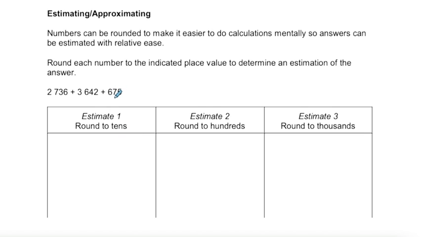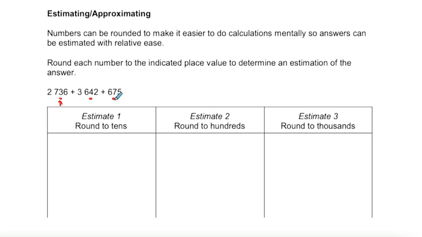So that is looking at the 7 in our first number, our 4 in the second, and our 3 in the last. So in this number, because the number to the right of that is a 6, I have to round this up to a 4. In the second number, because the number to the right is a 2, I keep that the same.